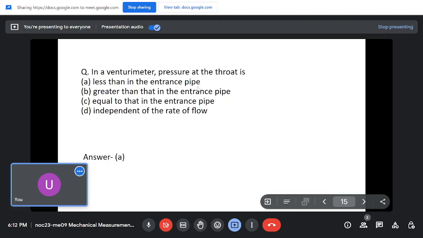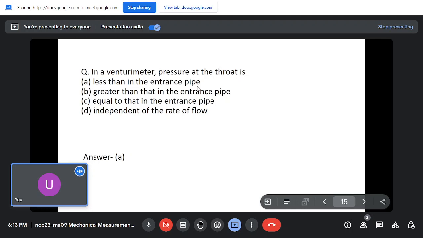Why does this happen? If you see Bernoulli's equation, or do a pressure energy balance, you will get P by rho plus V square by 2 equals constant. So you have a pressure term and a velocity term that equals a constant. If the pressure reduces, your velocity will go up.